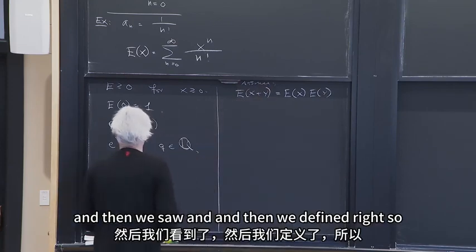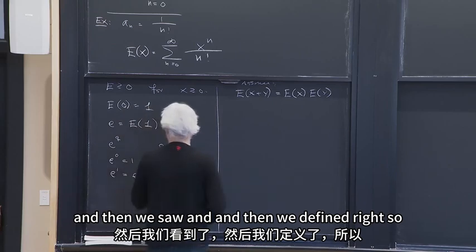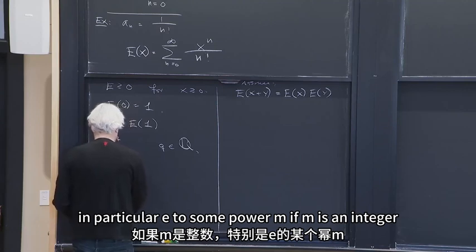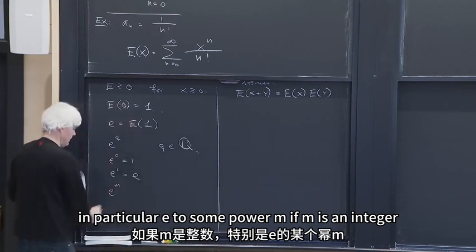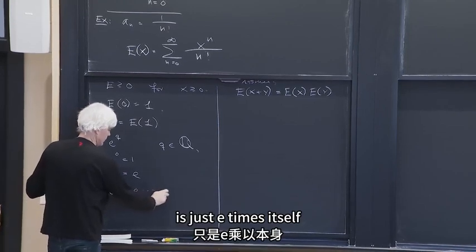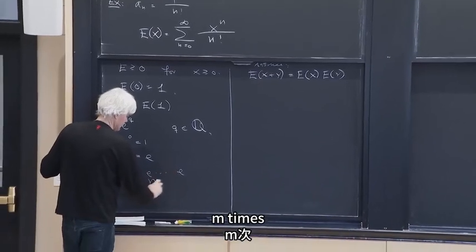And then we defined this function based on the little e. In particular, e to some power m, if m is an integer, is just e times itself, m times.